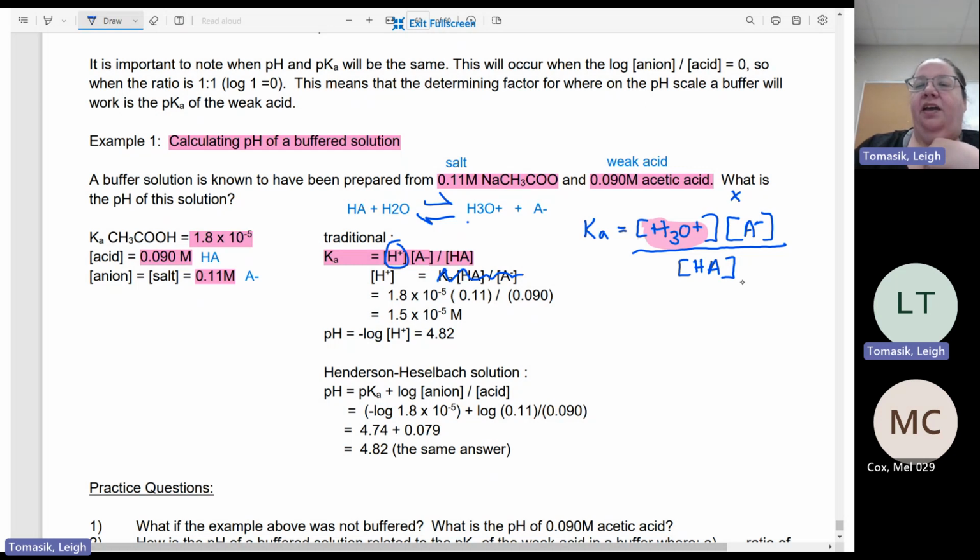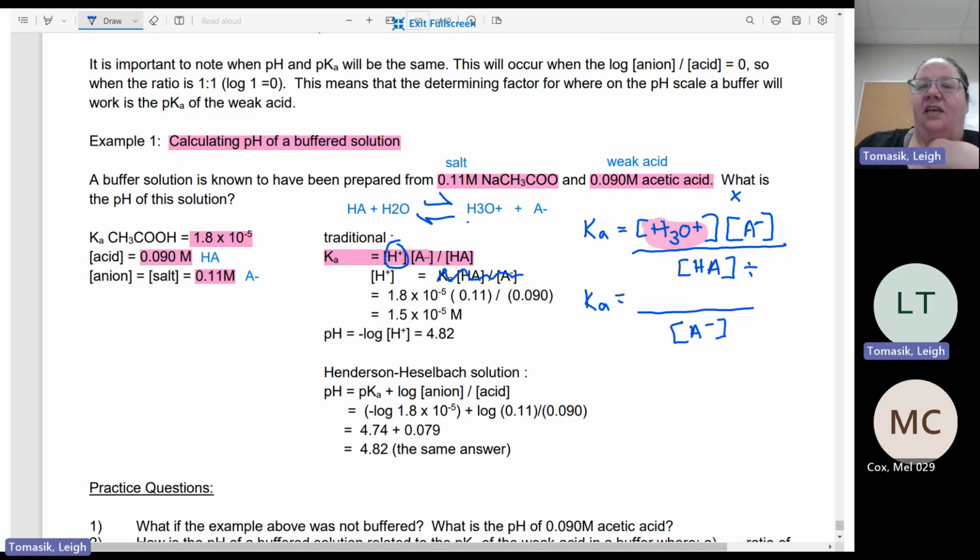And this one is divided. So when they change sides, the one on the A minus that is multiplied is going to be divided.